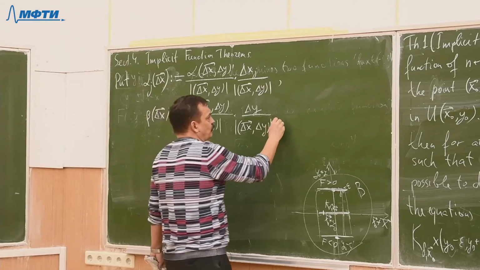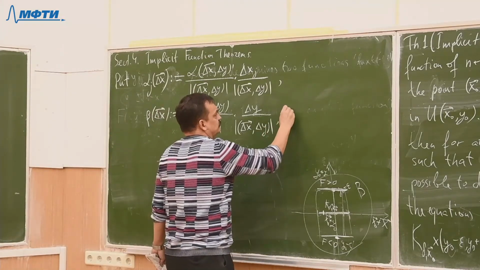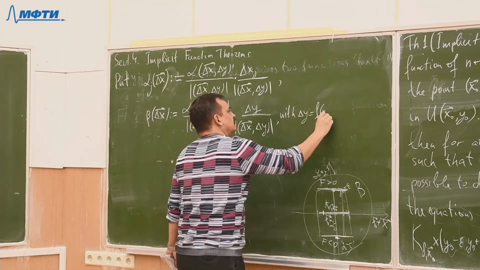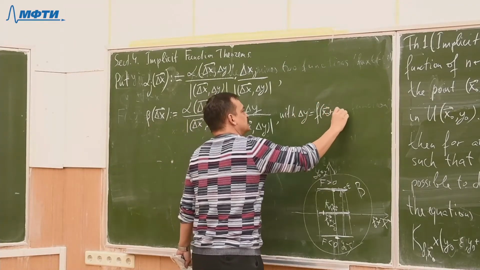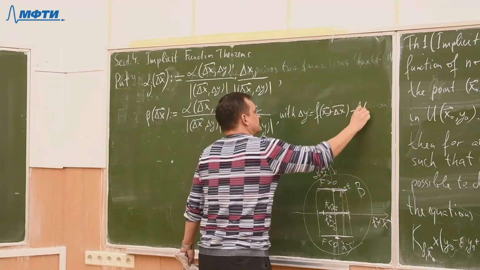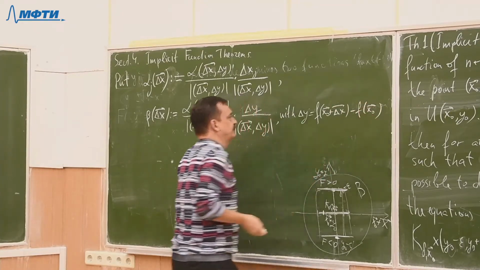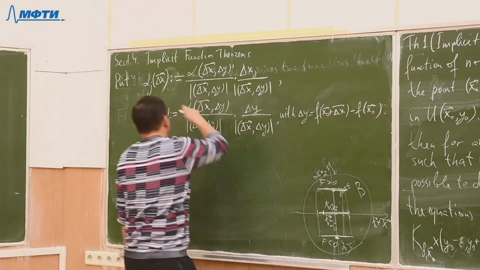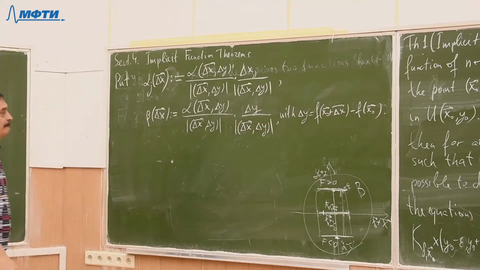Okay, let me recall, delta y equals f at x naught plus delta x minus f at x naught, right? That is everywhere here. That is why I omit delta y.